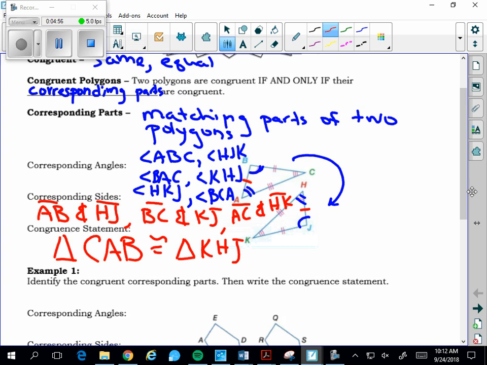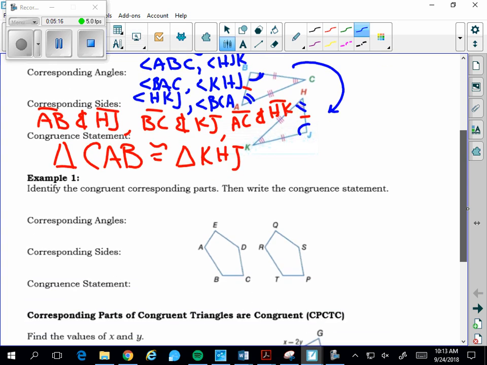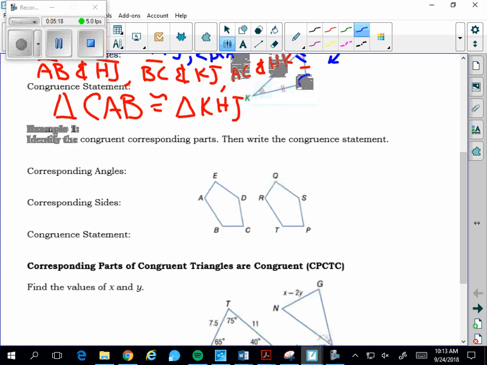And my reason there, you're going to see this a lot in these types of problems, is I'll point you down here where it says corresponding parts of congruent triangles are congruent. CPCTC. You're going to want to memorize that little mnemonic because we're going to use it a ton to be able to prove that different triangles are congruent to each other.